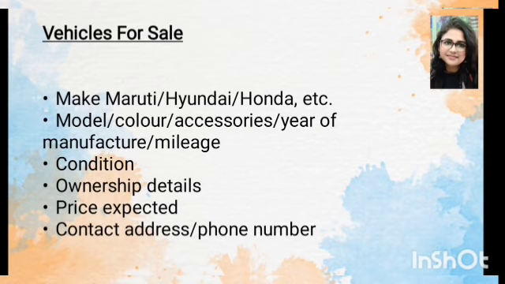Then next is model, color, accessories, year of manufacture, mileage. Model: every car, every bike, or whatever vehicle you have has a model number. You have to mention the model number so that he can identify which vehicle you are going to sell. Now next is color.